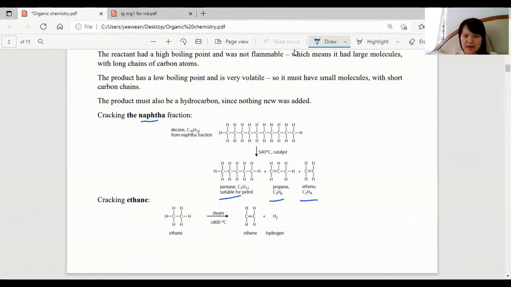Now the equation is actually not fixed. So it's not necessary that it has to form pentane, propene, and ethene. In exams, as long as you can balance the equation to 10 carbons and 22 hydrogens, you can draw almost any combination you want.